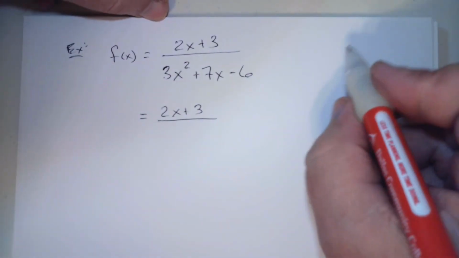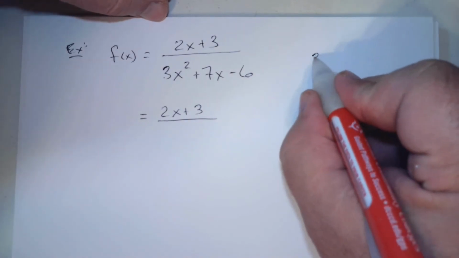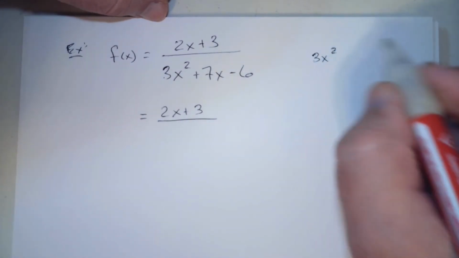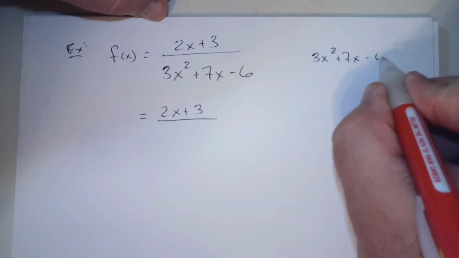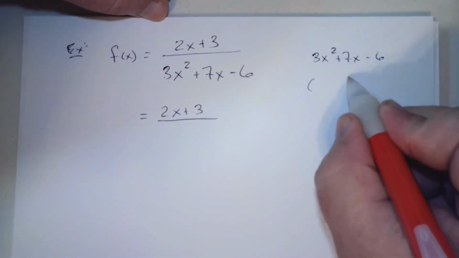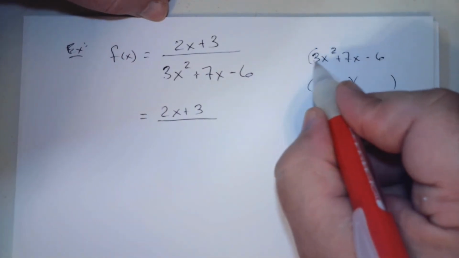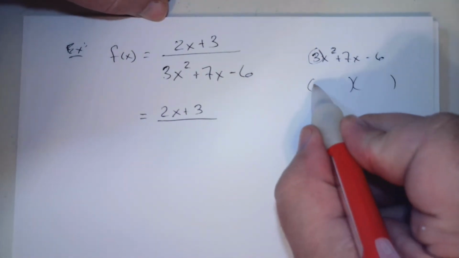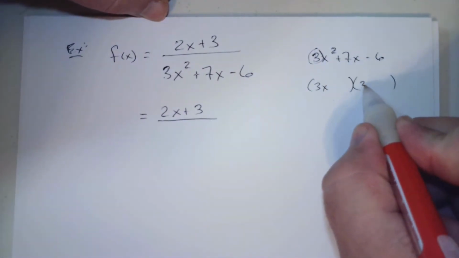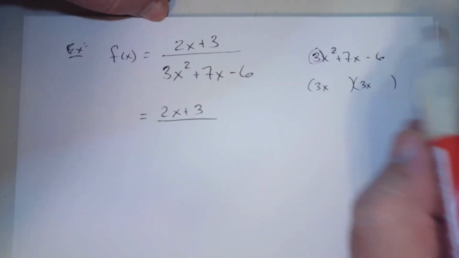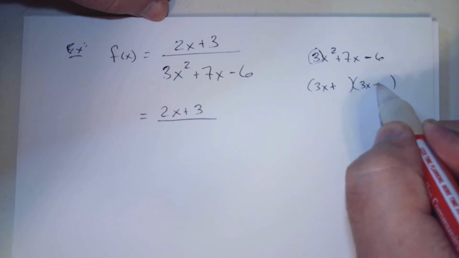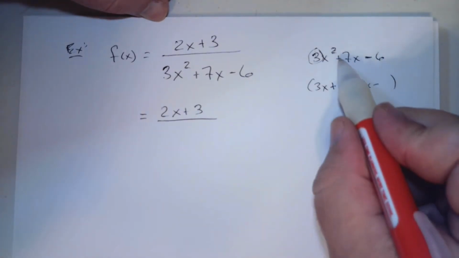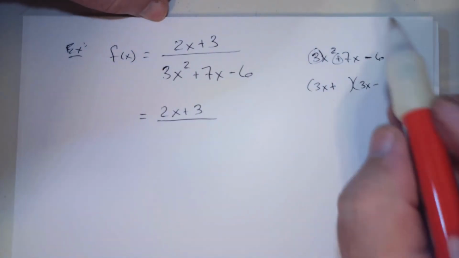Let's see if we can do the bottom. Remember how we do that? Since our leading coefficient is not 1, we put the first term in both of those. Since the second sign's a minus, one's a plus, one's a minus, and the bigger number goes to the plus.